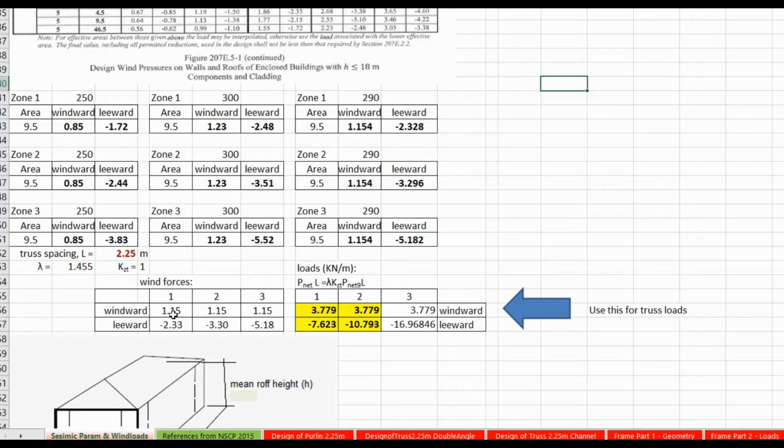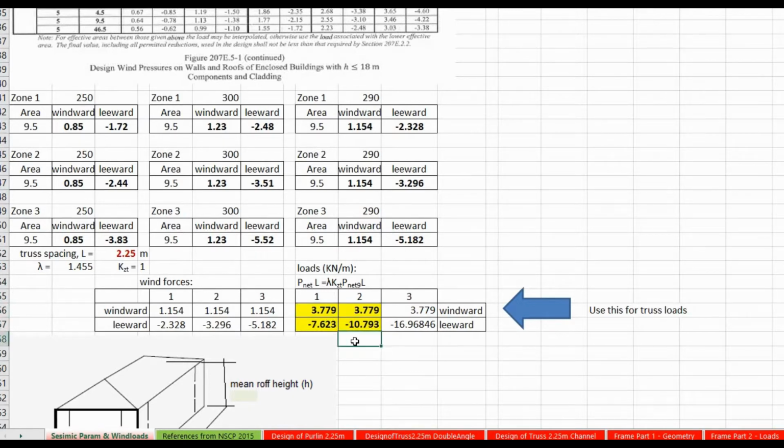Para sa area 1 or zone 1, so yan yung 1.154, tsaka yung negative 2.328. Dito natin siya ilalagay. And then you have here zone 2 and zone 3. Now let's compute itong mga naka-yellow shade.